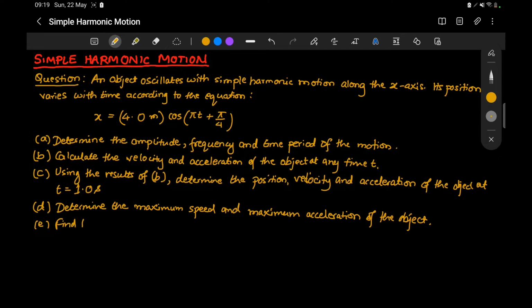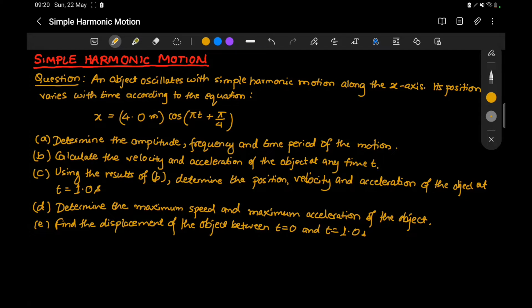Find the displacement of the object between t equal to 0 and t equal to 1 second. So these are the 5 parts to this question.